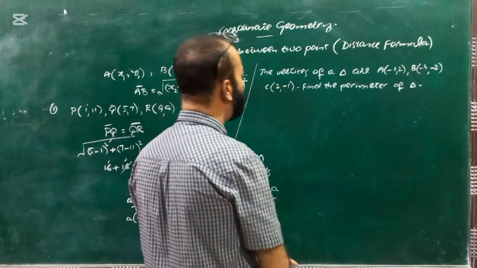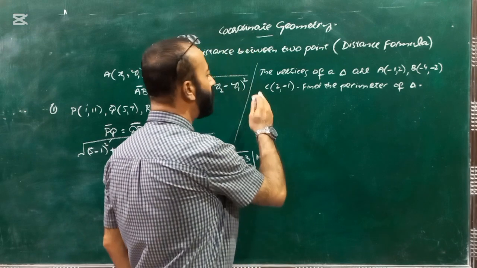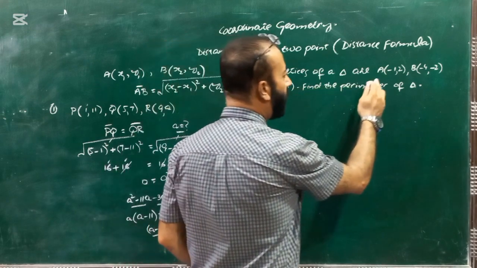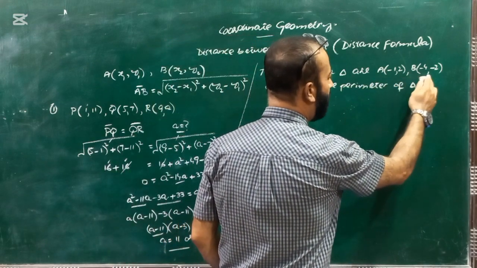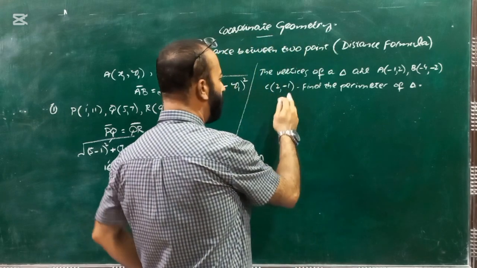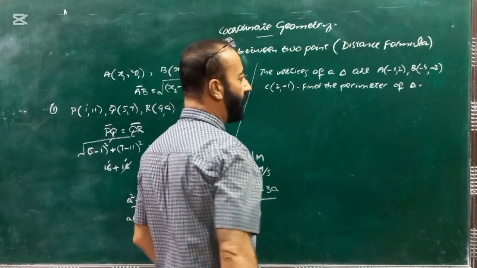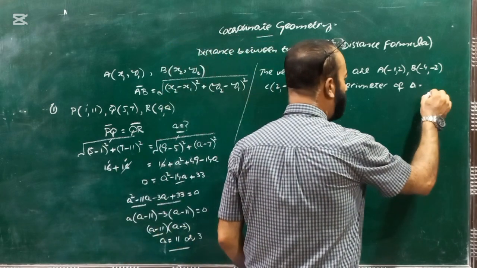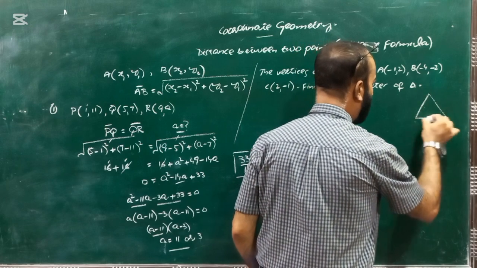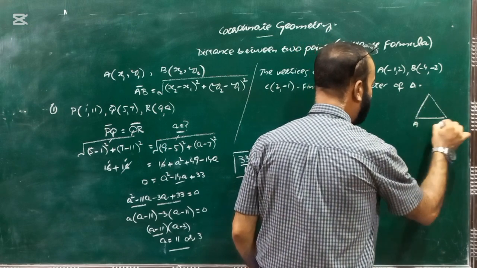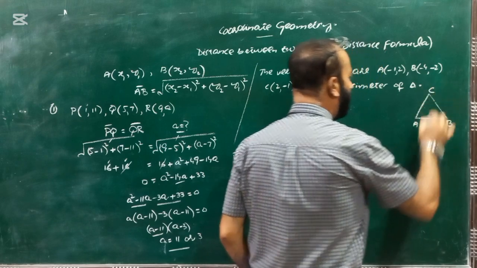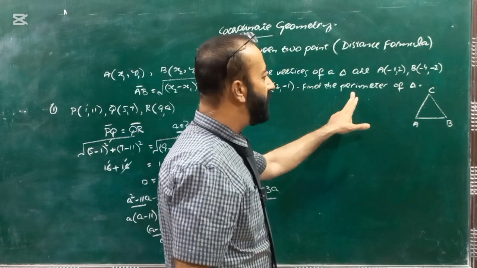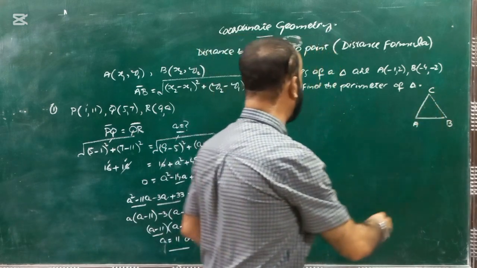Here is another question. The statement of the question is: the vertices of a triangle are A(-1, 2), B(-4, -2), and C(2, -1). Find the perimeter of the triangle. So if the triangle is ABC, the perimeter is the sum of the outer boundaries.